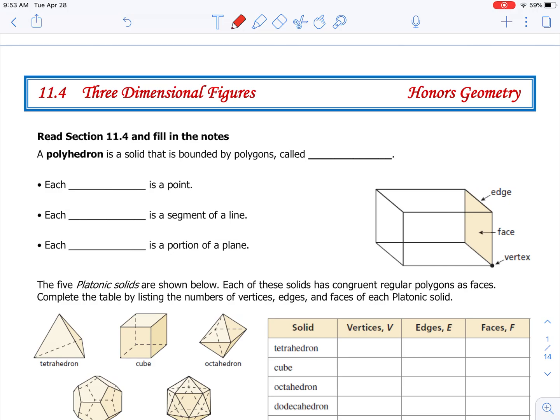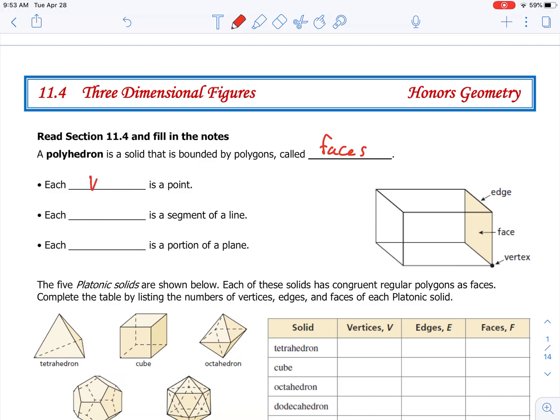A polyhedron is a solid that is bounded by polygons that are referred to as the faces of that particular polyhedron. Here's an example of a polyhedron, or of a three-dimensional solid.